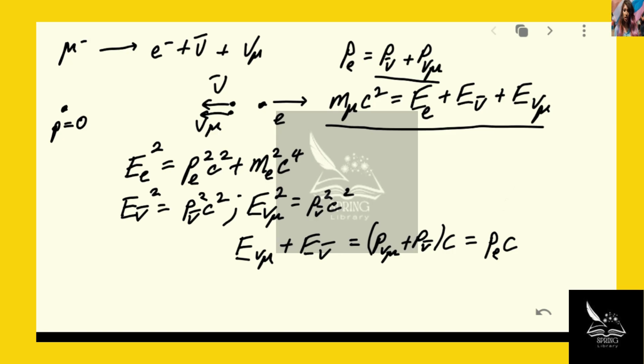Using our energy conservation equation, this is equal to the rest energy of our muon minus the total energy of the electron.